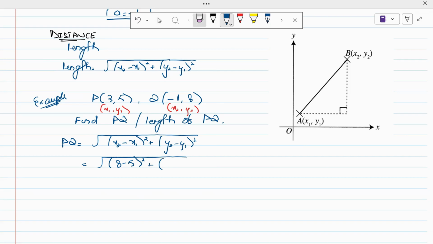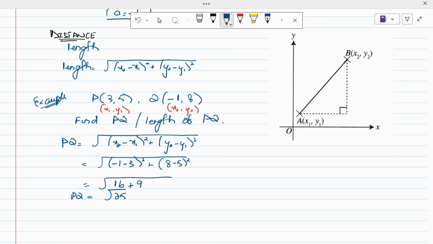Sorry, it's x2 minus x1. It's going to be -1 minus 3 whole square plus 8 minus 5 whole square. -1 minus 3, that's a -4. -4 square is a 16. And 8 minus 5, that's a 3. 3 square is a 9. We get this as under root 25 for PQ.